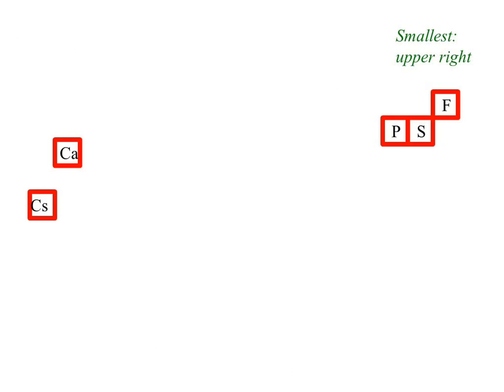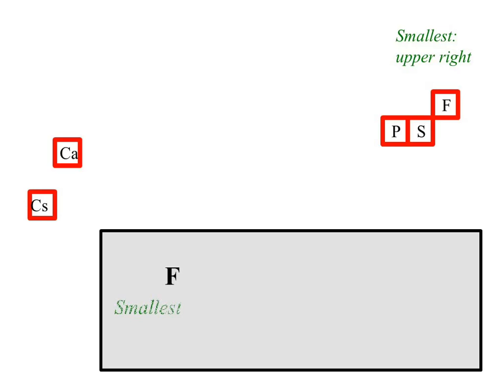Okay, perfect. So there are different ways to think through this. You guys are right with regard to the smallest and the largest. Fluorine's going to be the smallest. Cesium's going to be the largest. You already told me fluorine's the smallest, and then it'll be sulfur and phosphorus. Don't mess that up.